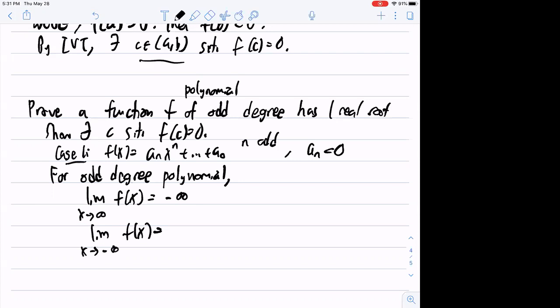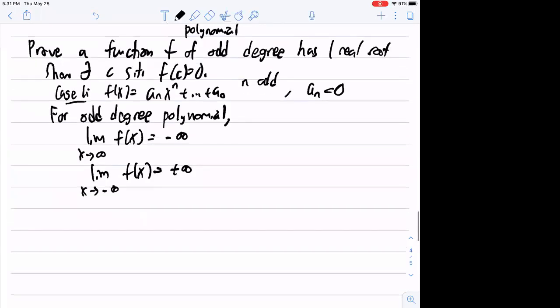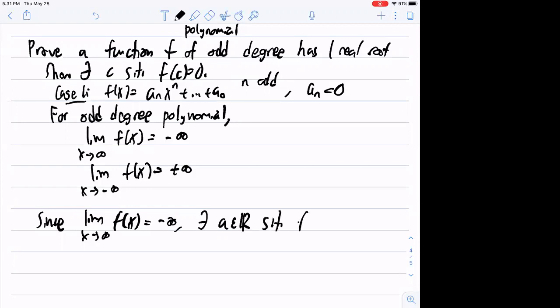Positive infinity. Good. And do you all see what's next? The goal is to find something positive and something negative, right? So you could show this, right? Since the limit as x goes to infinity of f of x is negative infinity, there exists a in R such that f of a is less than 0.